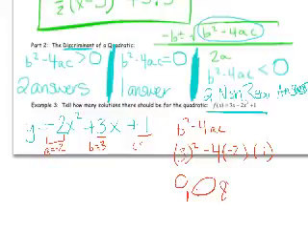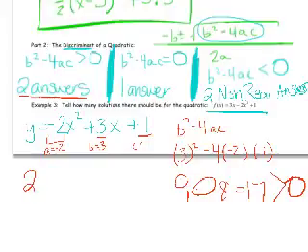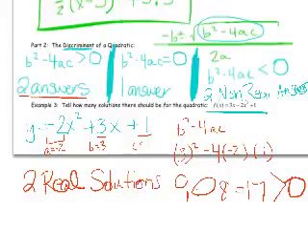Is that going to be a positive or negative number? Positive. If you want to say, well, that's 17, you can say that, but really you don't have to know what the number is. You just have to know, well, that's going to be greater than 0. And when I have something that's greater than 0, I would have 2 real solutions. Or just 2 solutions I would accept. You don't have to say they're real. It's implied.